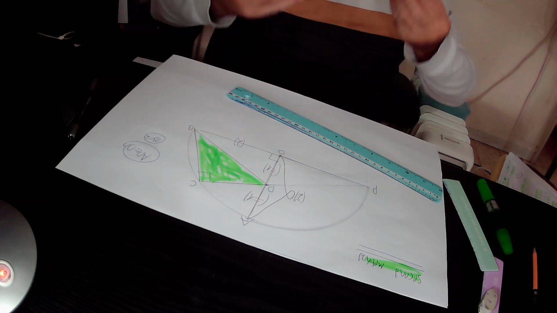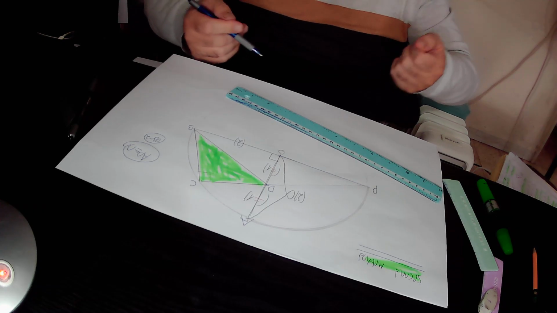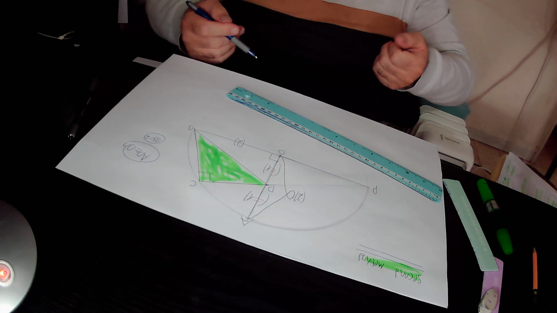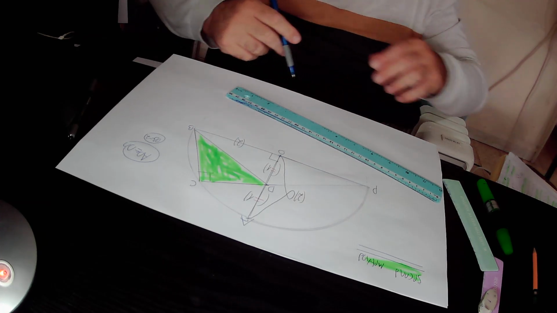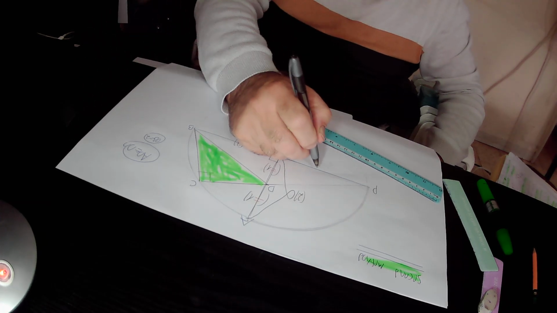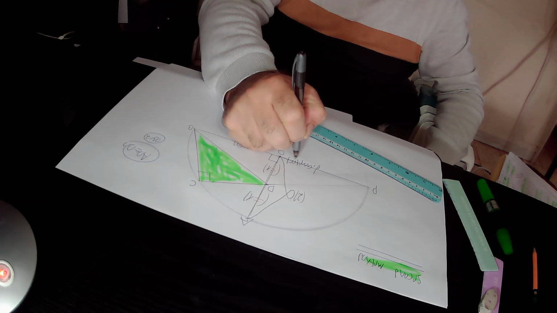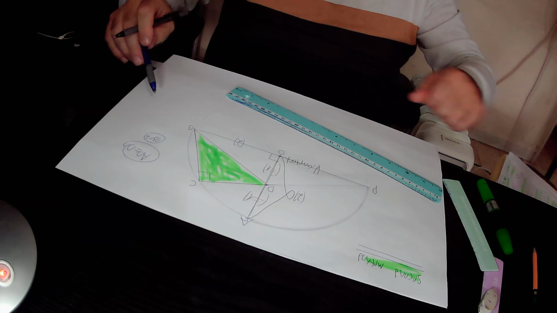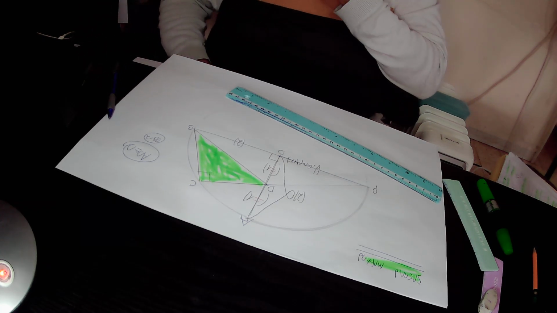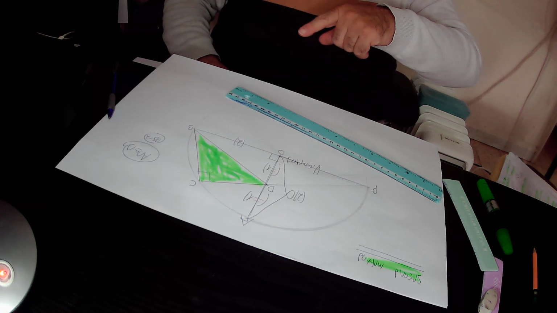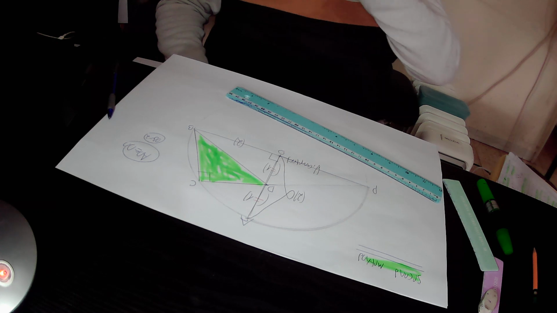And we know that any chord that passes through the center of a circle or semicircle must be the diameter of the circle or semicircle. So BP is the diameter of this semicircle. In the next step, we will extend side CD by a sideline until it touches the semicircle.